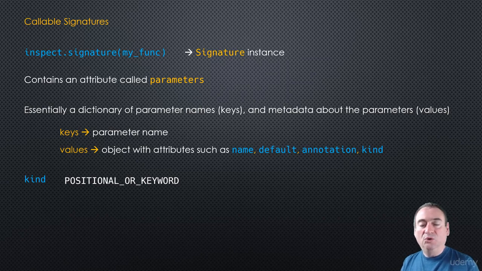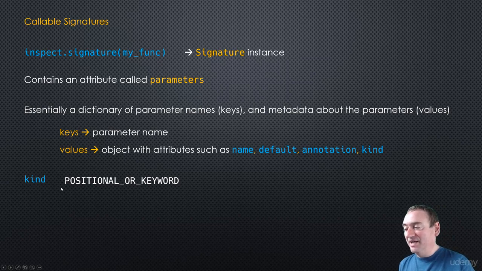So they're positional or keyword. Those are the traditional positional parameters that we've been defining in this course so far. And those are called positional or keyword in kind. They're identified by that. This is just a value, right? Positional or keyword is actually an integer value, but it has this string name, right? It has this variable name in the inspect module.